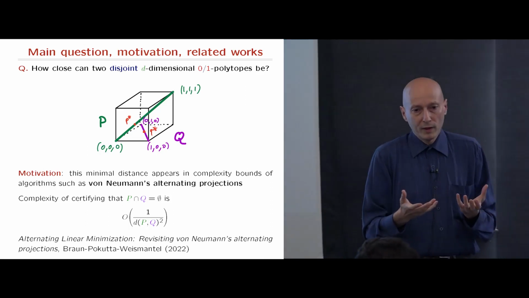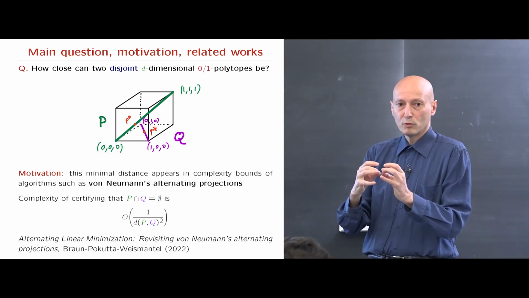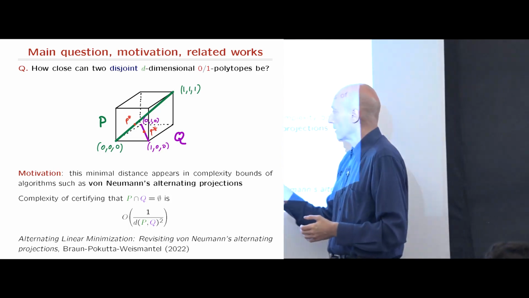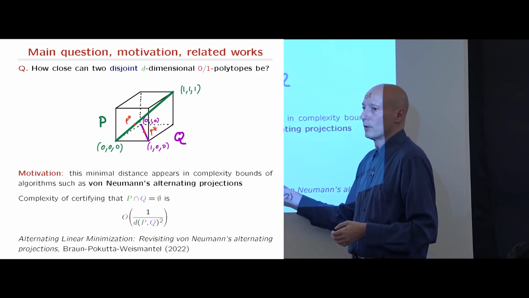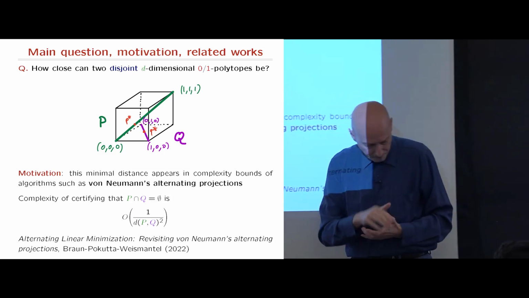Intuitively, if the sets are very close and don't intersect, it will be harder to decide that they don't intersect. So it's not too surprising that in the complexity to determine if they are disjoint, the distance between P and Q will occur, squared, as a denominator.